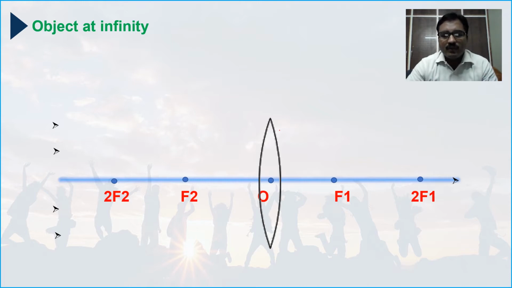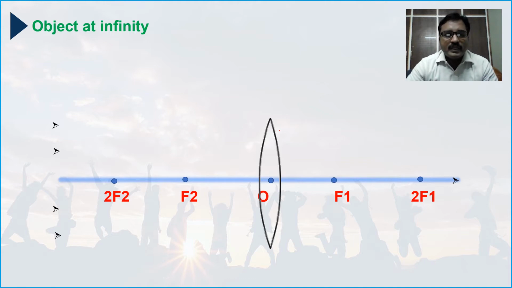That is why we have taken the points like this, F1 and 2F1 on this side, F2 and 2F2 on the other. Now we can place the object at different places in front of the convex lens: at infinite distance, beyond C, on C, between F and C, on F, and between O, that means the pole of the lens, and focal point.